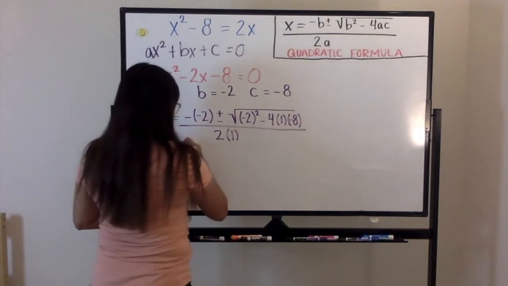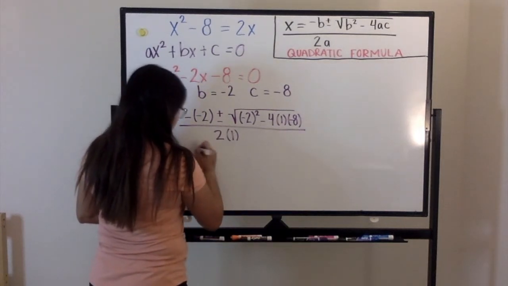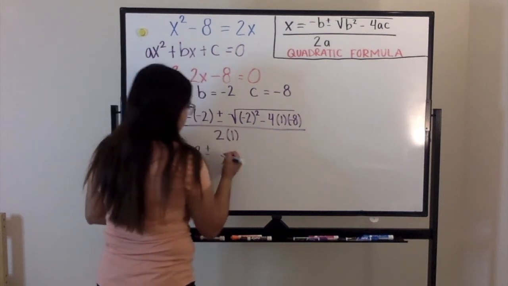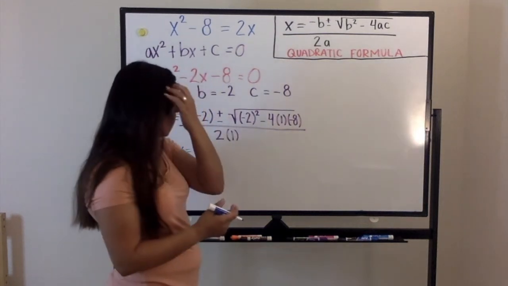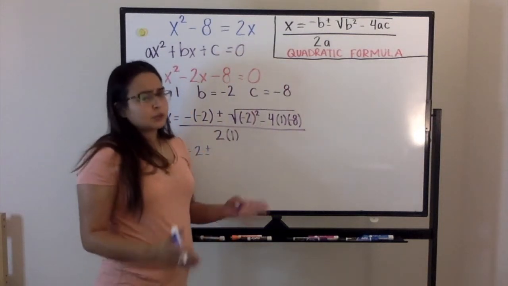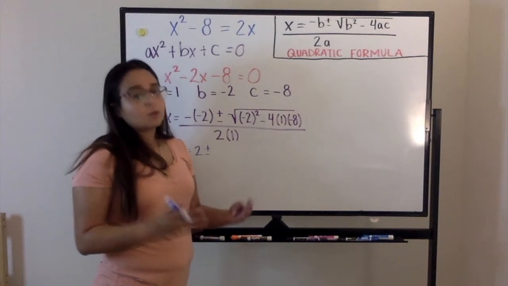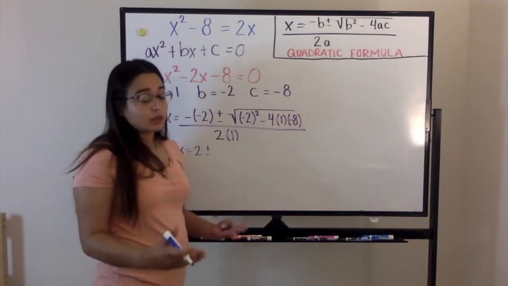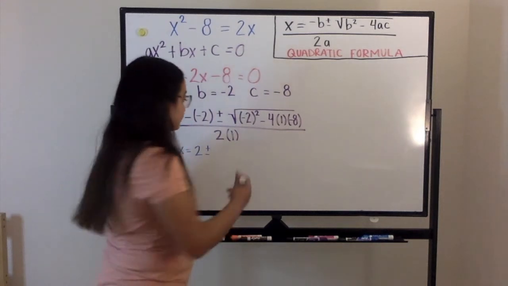Okay? So plus or minus. Now, in our square root symbol, we have negative 2 squared. Negative 2 times negative 2 is going to equal positive 4, because we're multiplying two negatives, our answer is going to be positive.